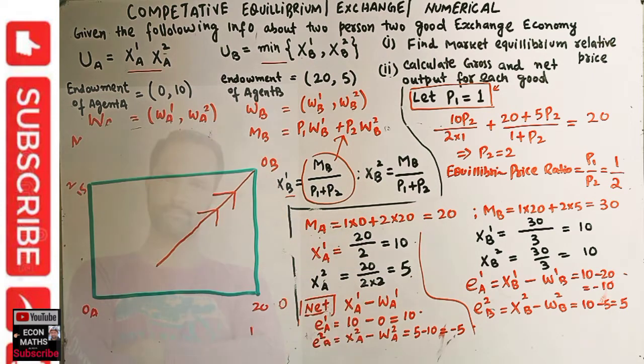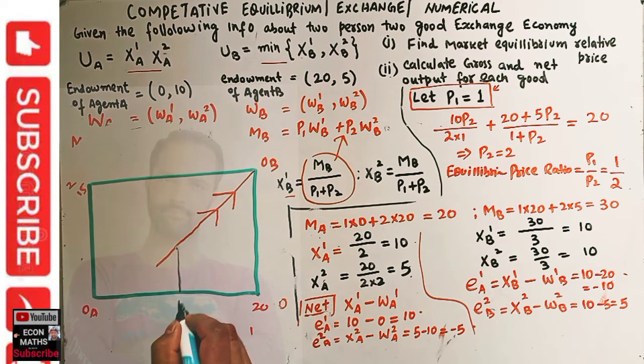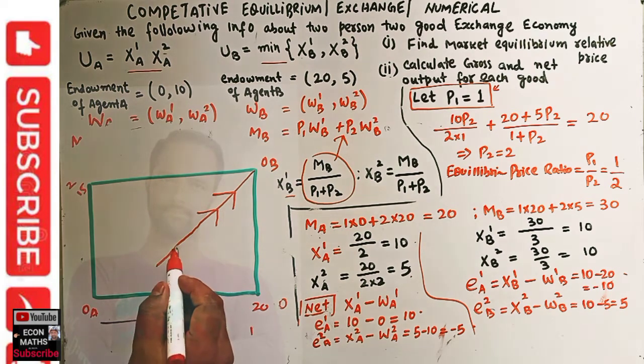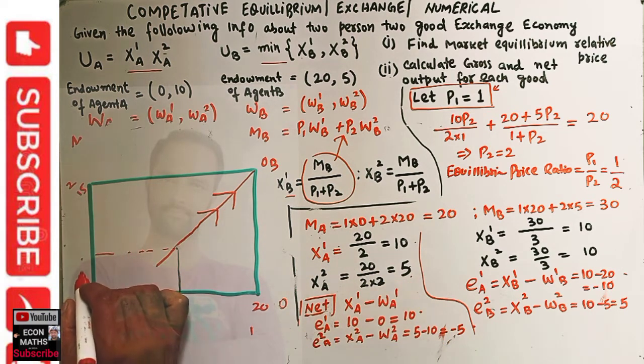What about person A? Person A is Cobb Douglas. For the sake of simplicity, let me show what we got here. XA1 was 10, so person A is demanding 10 units of good 1, and he is demanding 5 units of good 2.